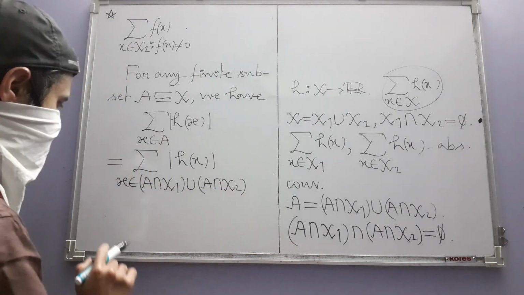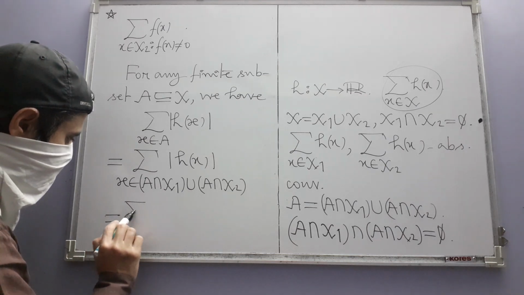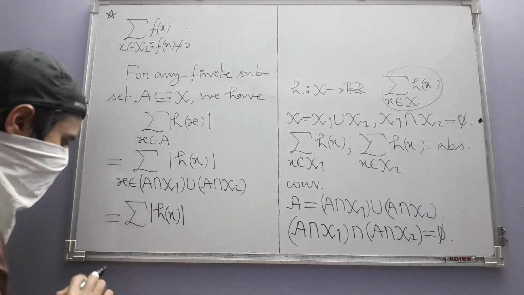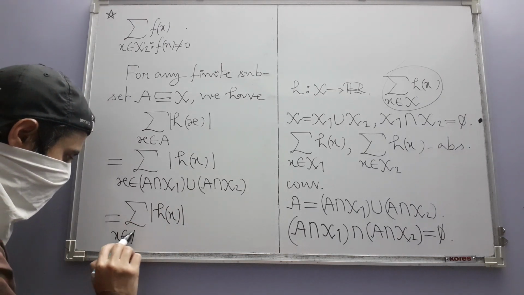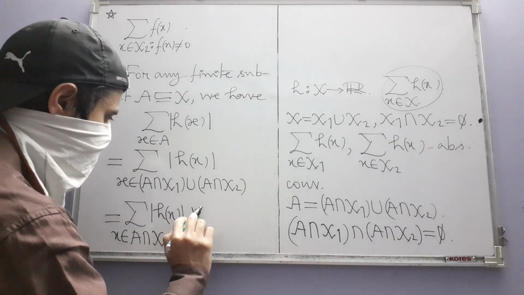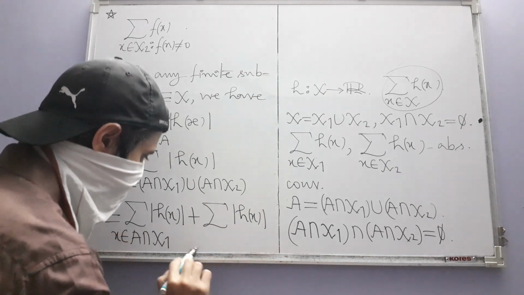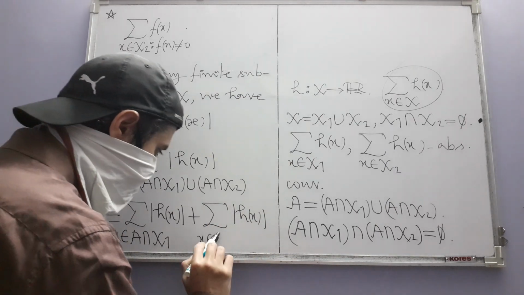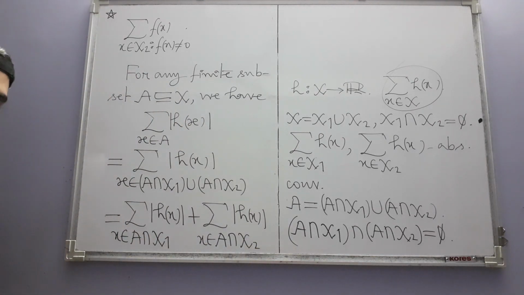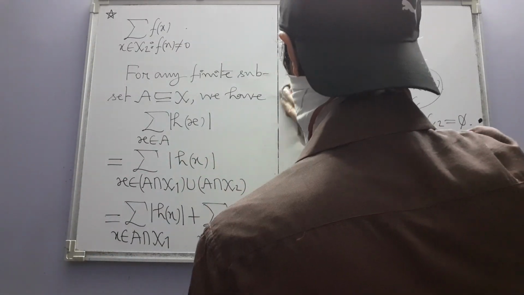So from a previous property of finite sums, that is just equal to the sum of these two sums plus, and you can write the reason here why that is true.